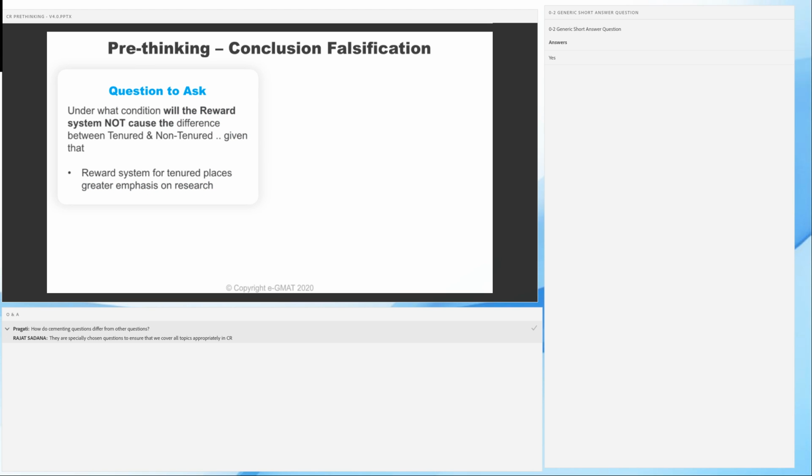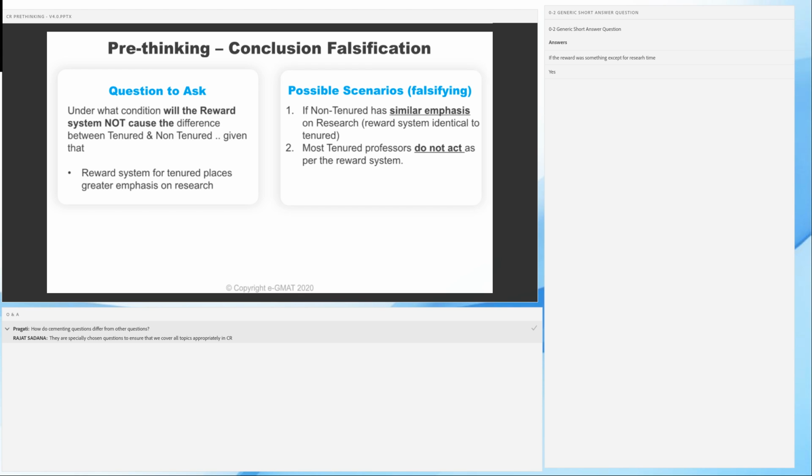Okay. So let's look at this. Under what circumstances can the reward system not be responsible or cannot cause the difference between these two, tenured and non-tenured, given that we know that the reward system for tenured places greater emphasis on research than on teaching? In other words, given that 70% of the reward system for tenured is for research and 30% is for teaching, in what scenario can we not blame the reward system for the difference?